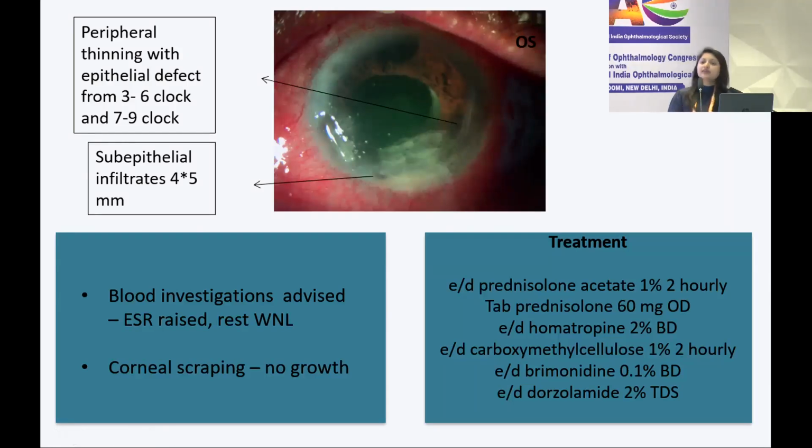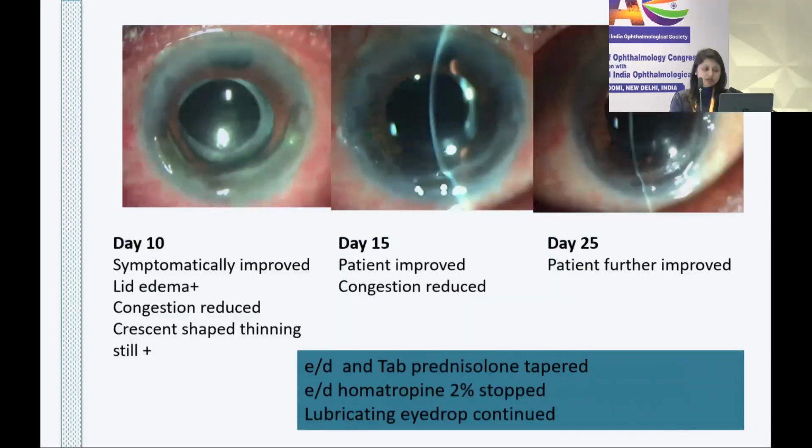As we treat a normal ulcer, we did a corneal scraping and did not find any growth. We did some basic blood investigations. Again, we found the ESR to be raised, and the other investigations were within normal limits. As we had no fungal hyphae and no growth was seen, we started the patient on prednisolone acetate 2-hourly, oral prednisolone as well, with homatropine and lubricant, and continued the anti-glaucoma medications he was already on.